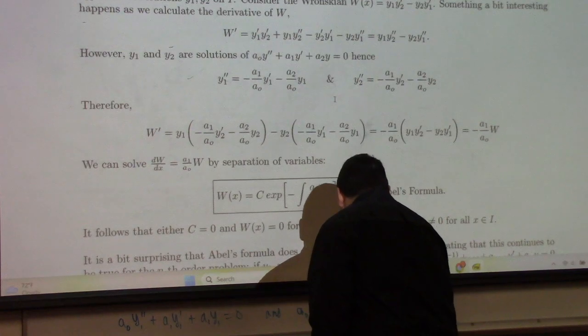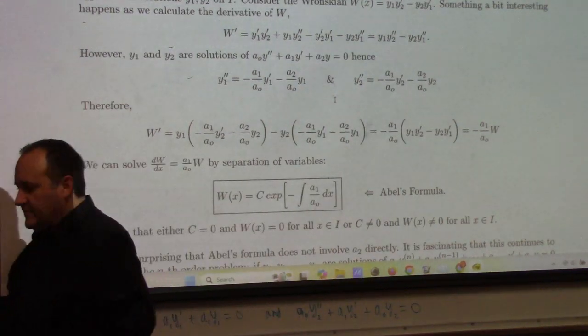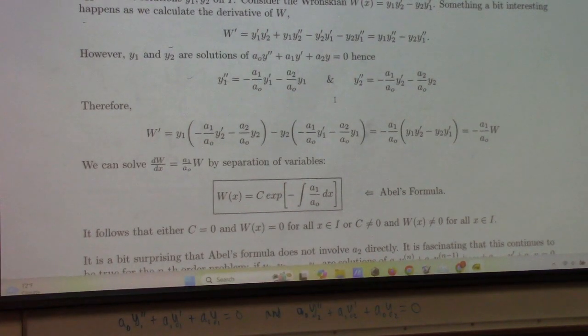So in other words, if we plug y1 and y2 into the given second order problem, they both solve the differential equation.